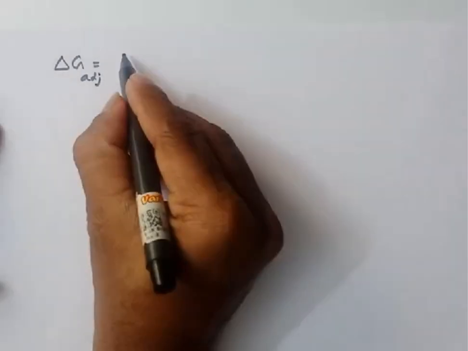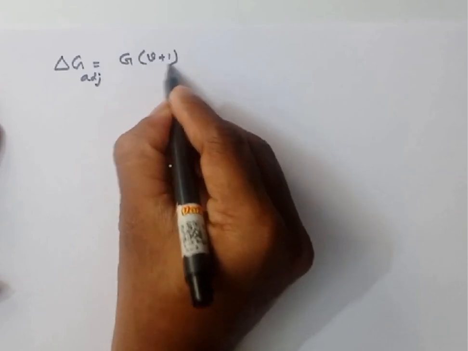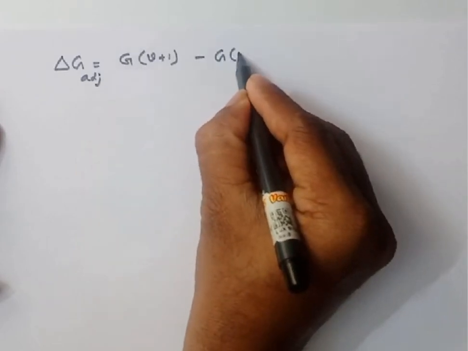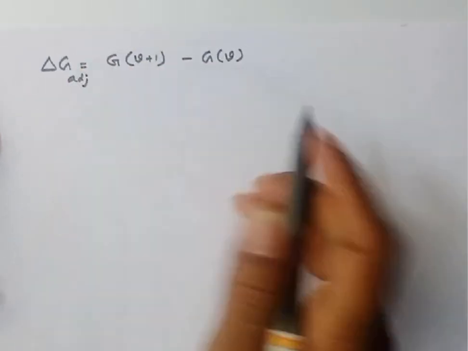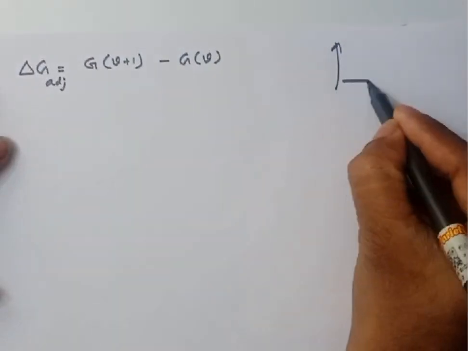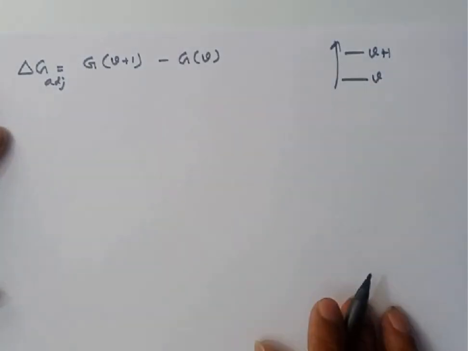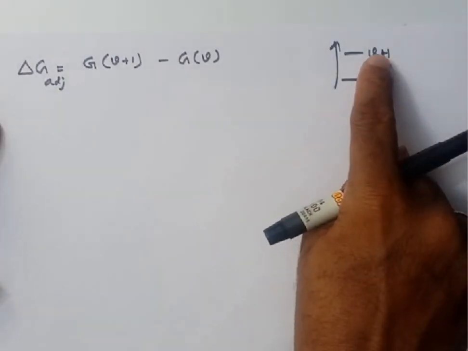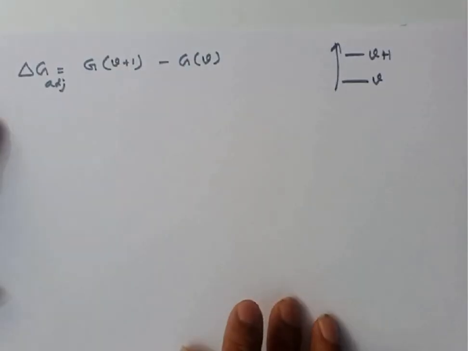How to do that? Energy of the v plus 1 level minus energy of the v level, because we are finding the gap between adjacent levels. If the lower level is v, the higher level should be v plus 1.